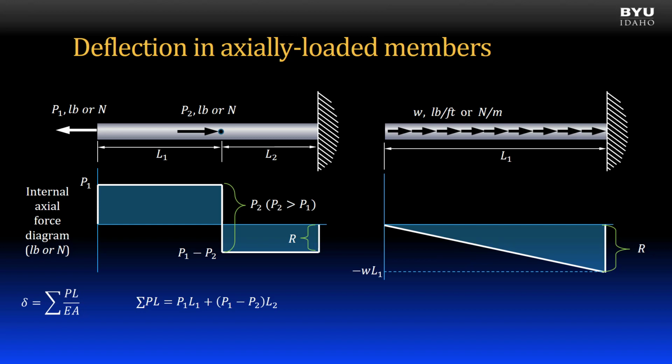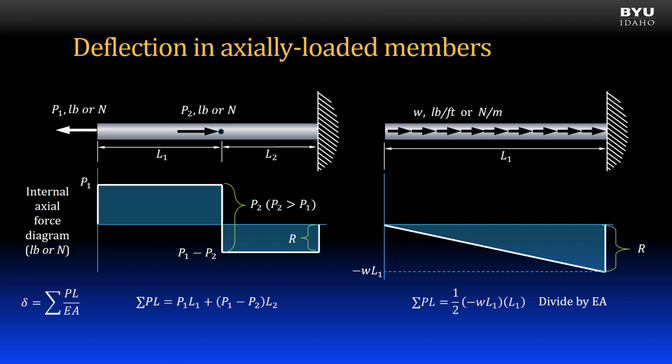If the cross-sectional area and modulus of elasticity are constant, then this equation may be used. The numerator of the equation is equal to the area under the axial force diagram. In this case, the area is a triangle. The sum of P times L is the area of the triangle, 1/2 times the base dimension, L1, times the height, negative wL1.